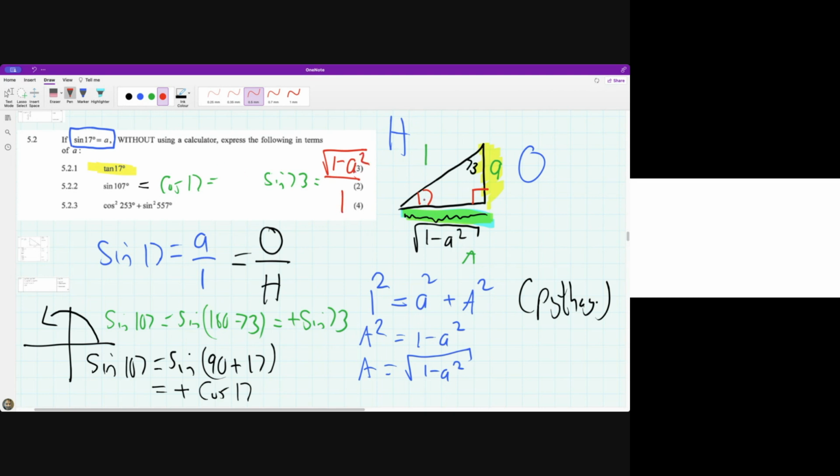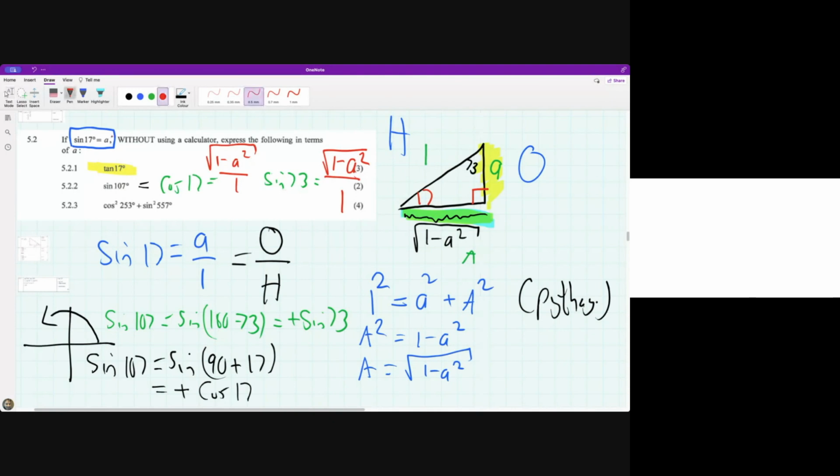If I was using 17 and I was using cos, I would be the a, so that would be 1 minus a squared, and then h would be the 1. So both of these give you the same answer. Thumbs up if you followed that, thumbs down if you didn't. Okay, fantastic.